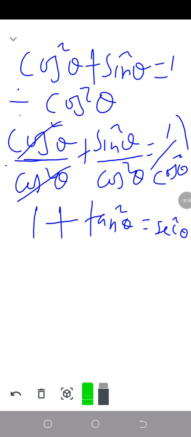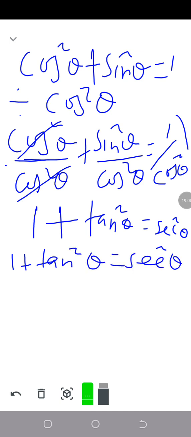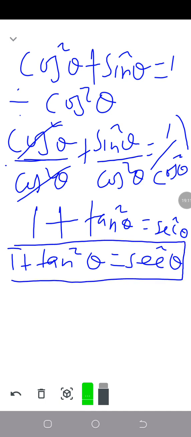So this is an identity. 1 plus tan squared theta equals sec squared theta. So this identity is very important.